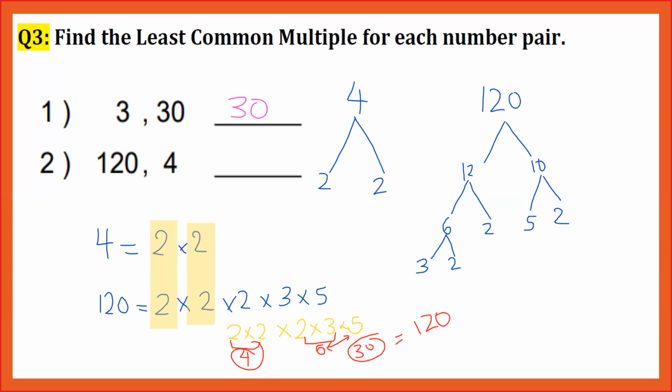Bravo. So the least common multiple of 120 and 4 is 120. Is it clear? Yes, miss.